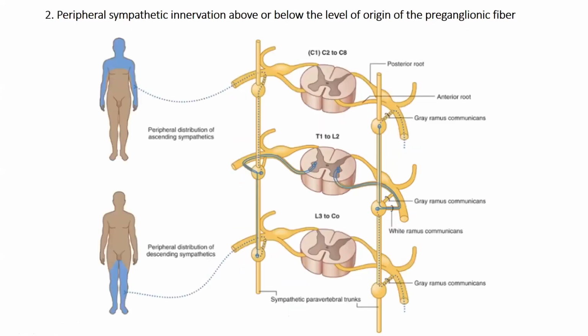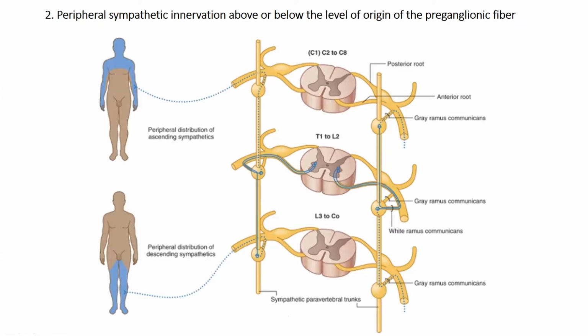The second example is that the peripheral sympathetic innervation goes above or below the level of the origin of the preganglionic fiber. It means that the preganglionic fiber, again through the same pathway, goes through the white ramus communicans to the sympathetic trunk.